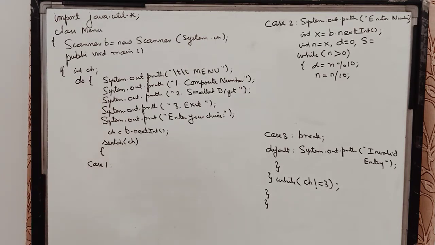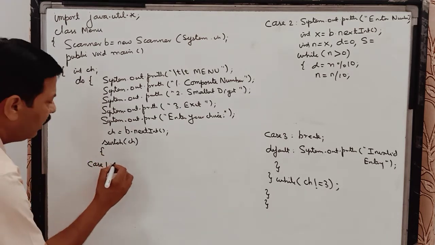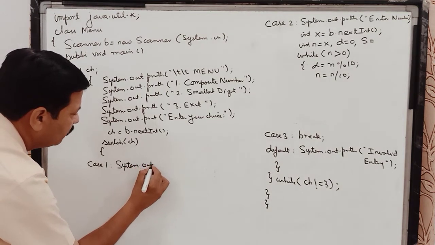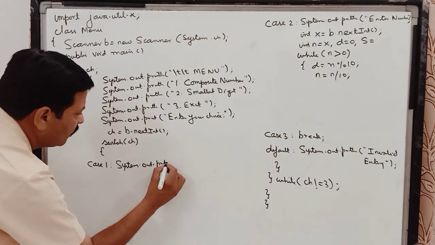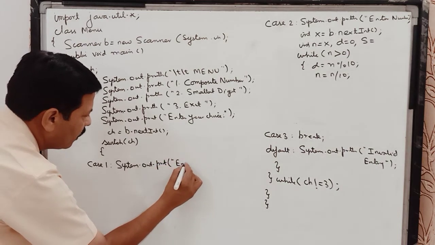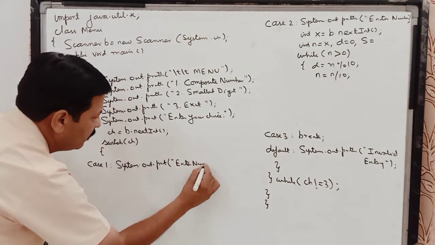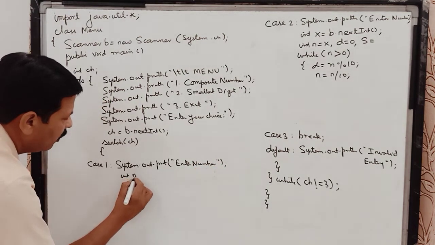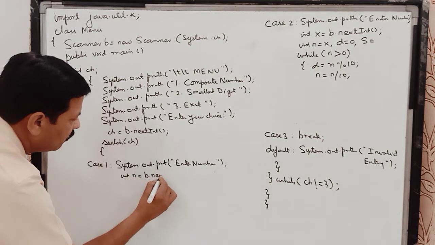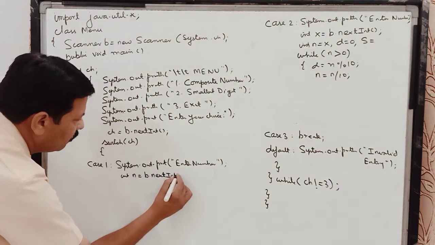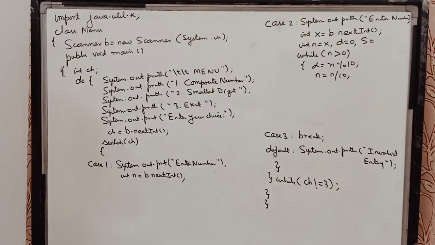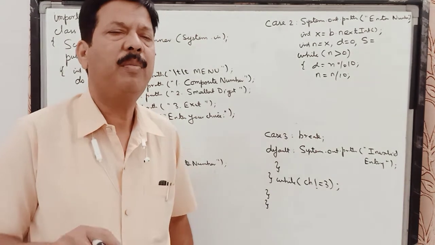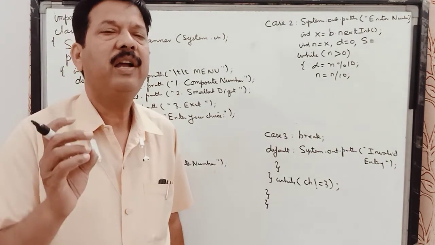Now children, for the composite number, what I have to do is first enter a number. So I enter a number, "Enter number," in n. Now, to find out the composite number or the prime number, the program was the same.